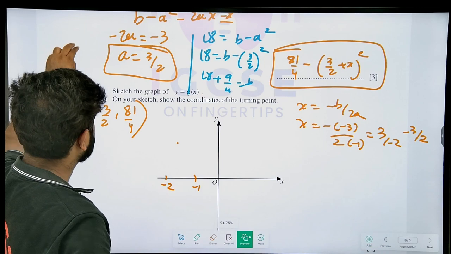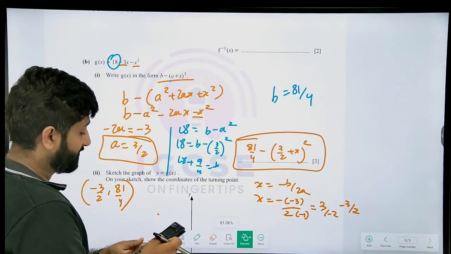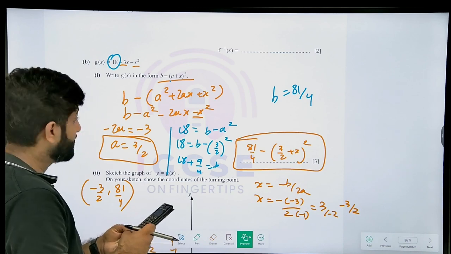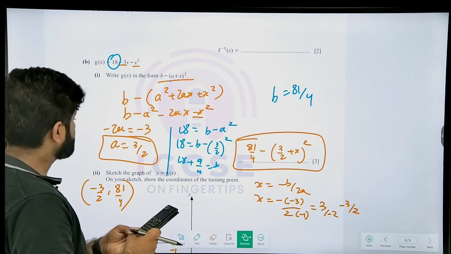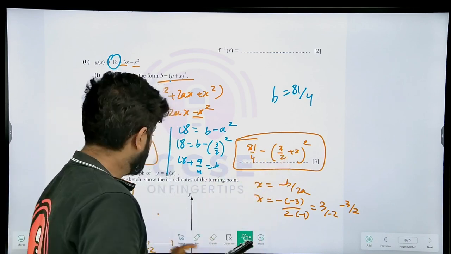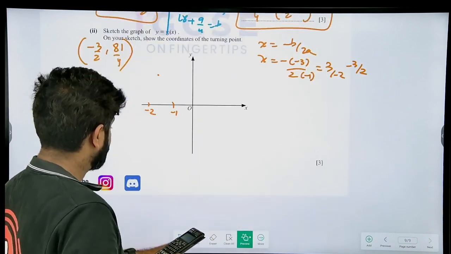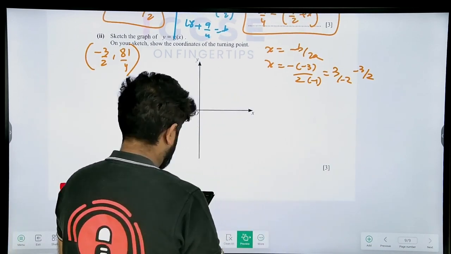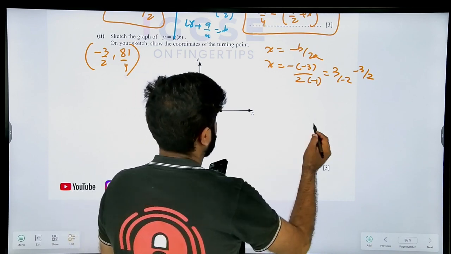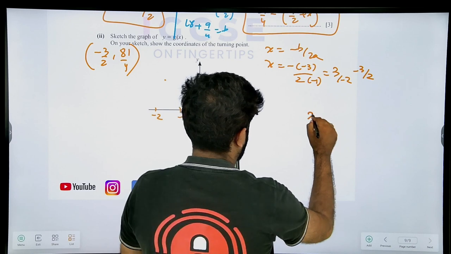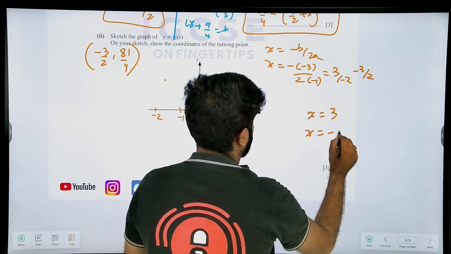Now, intercepts means the points where the graph crosses the x-axis. You can also find the intercepts using the completing the square method. I am leaving that for you. For now, I am telling you that the intercepts are x equals 3 and x equals negative 6.